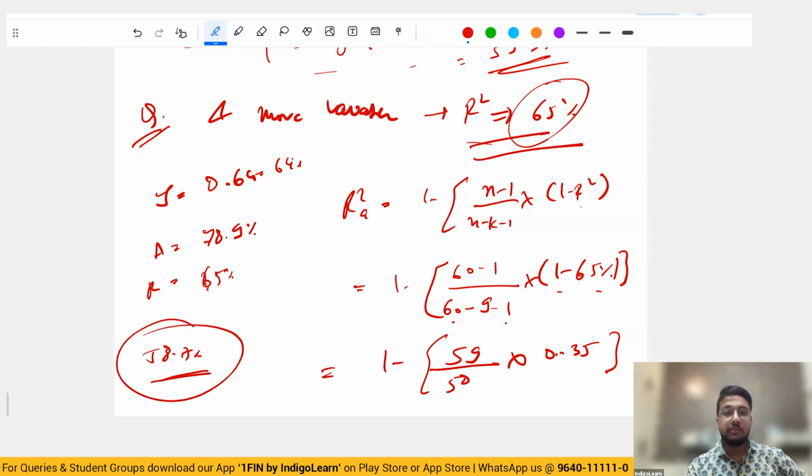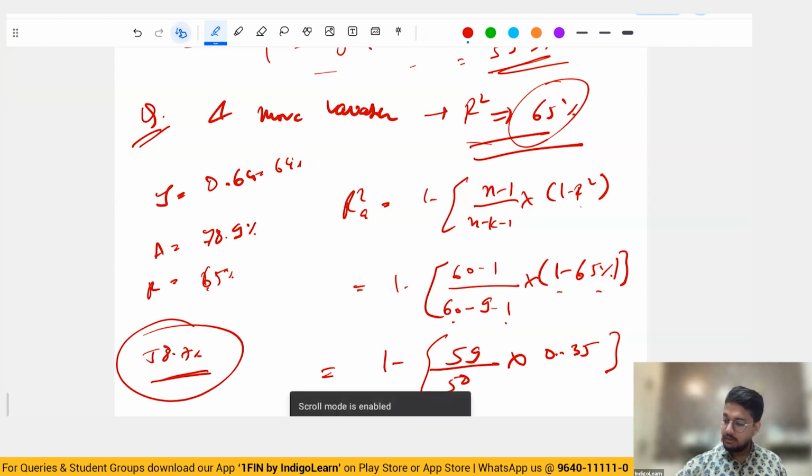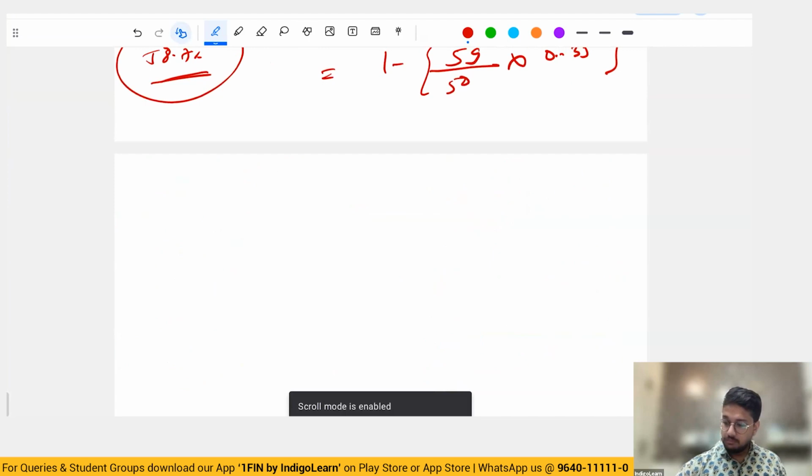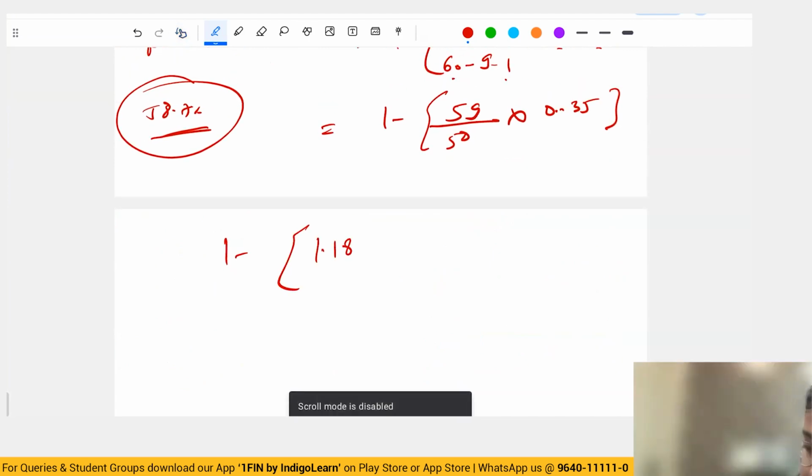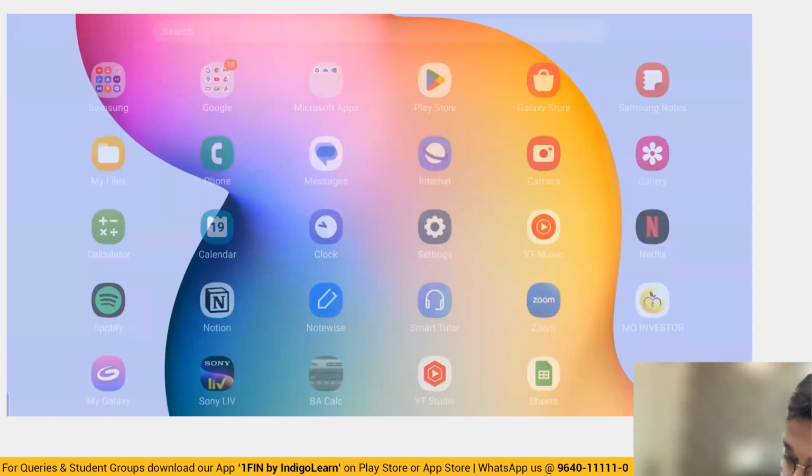Rohit and Alpesh, can you confirm? Are you getting the same answer? No? Why? 59 divided by 50, that's pretty easy. 1 minus 1.18 into 0.35 is what you have to do. Just go on the calculator.